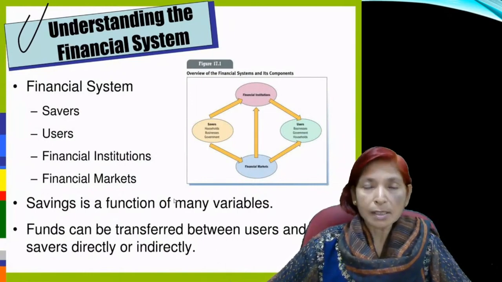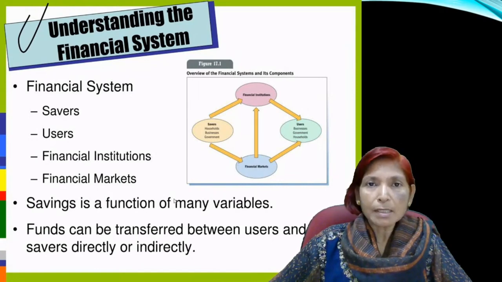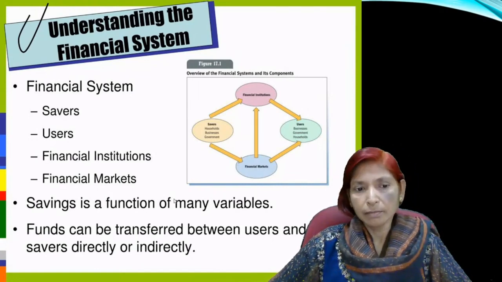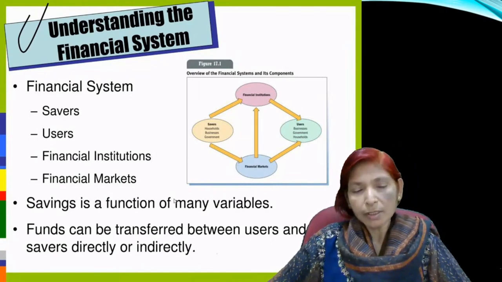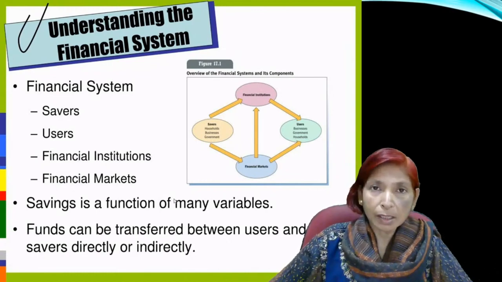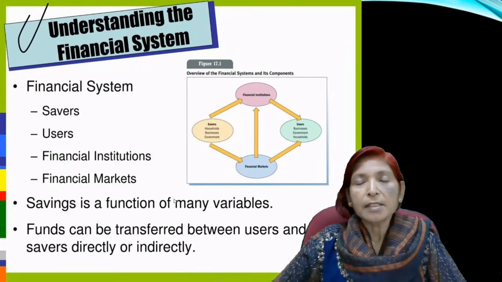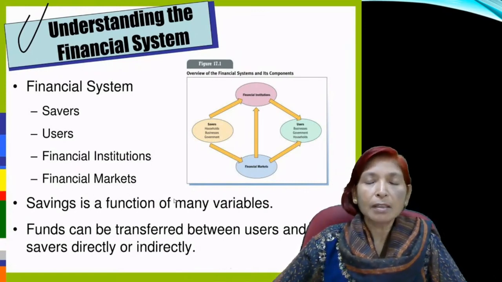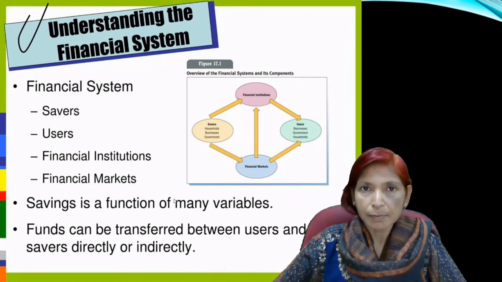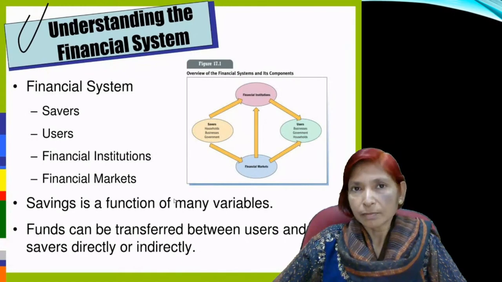So how does the financial system work? Financial system depends upon so many things. First of all, saving. Saving is very necessary for doing investment. And savers and investors are different persons. Savers are those persons who save their money.